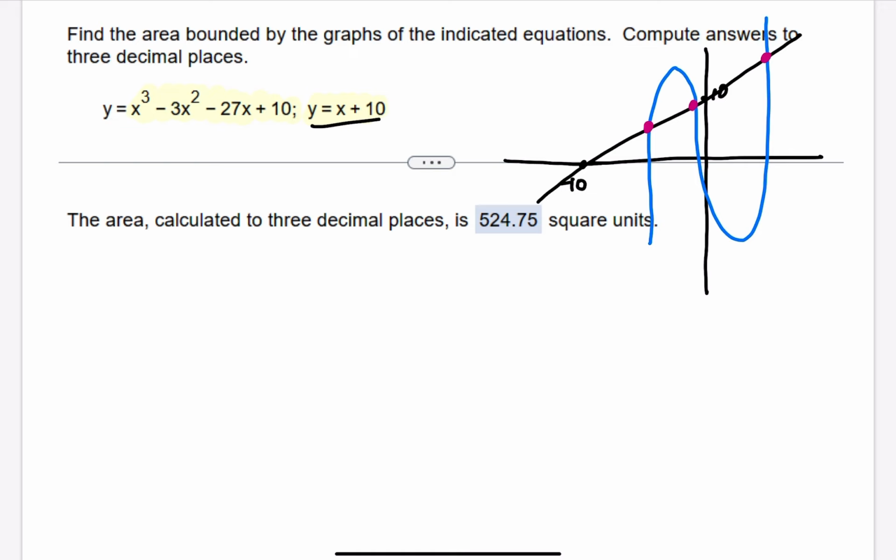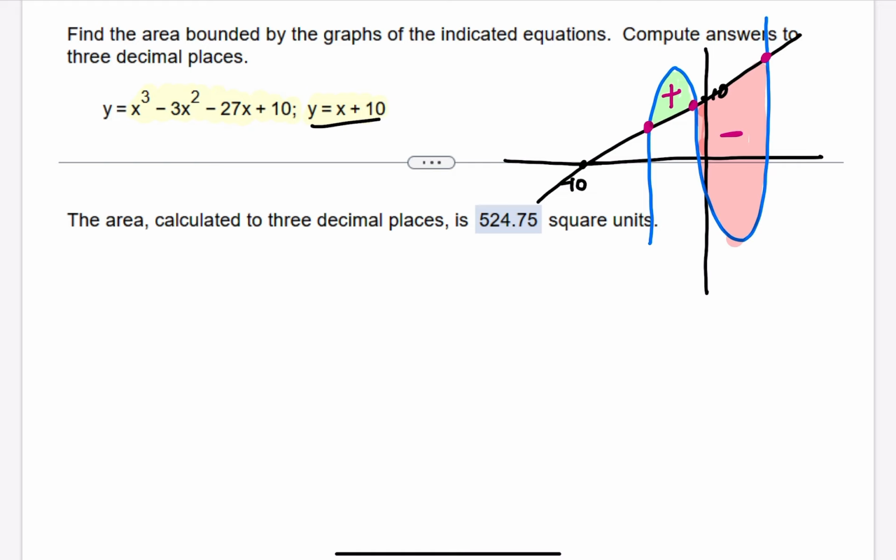That means I am trying to find this area, and I am trying to find this area. So as you can see, one area is above, one area is below. Area above is always going to be positive, area below is always going to be negative.